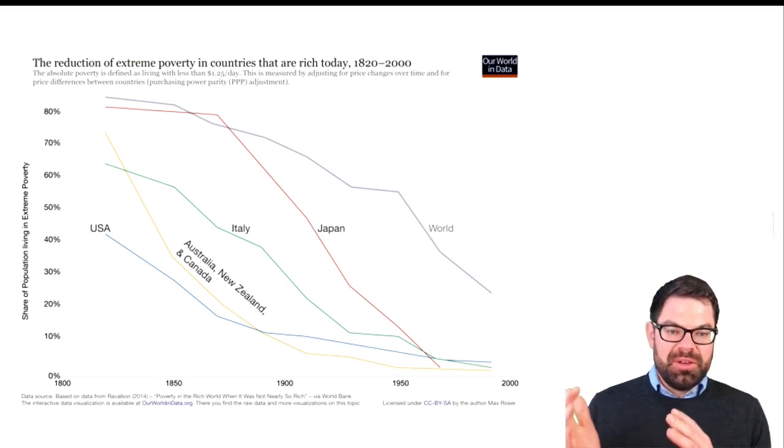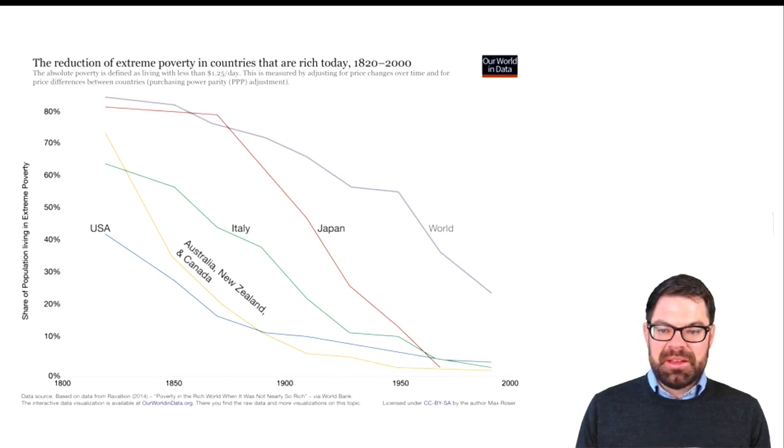And so here we are looking at poverty rates within countries. And you can very clearly see here that the US in the early 19th century already had much lower poverty rates than some other countries, notably other former British colonies or Japan, which nowadays is obviously one of the richest countries in the world and which has pretty much eradicated this type of extreme poverty altogether.